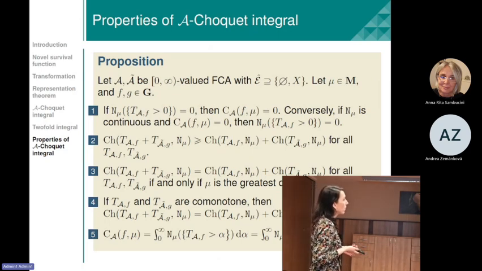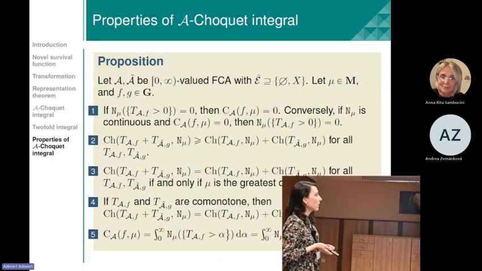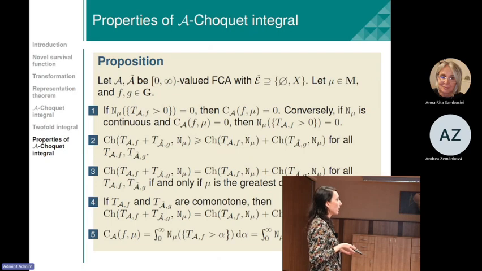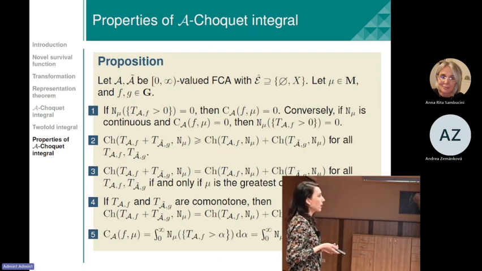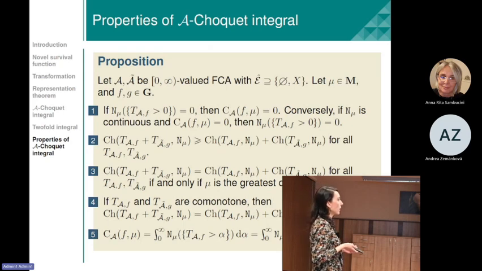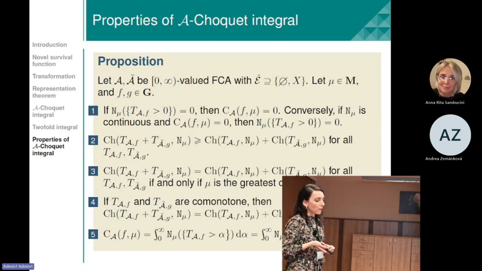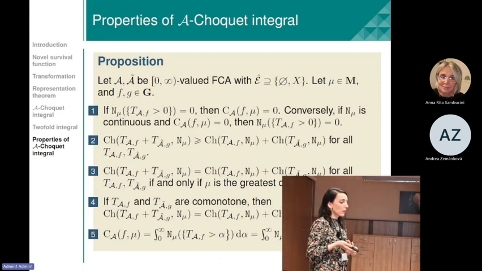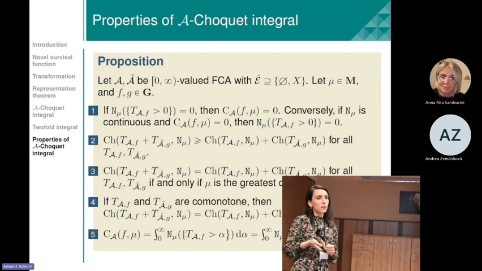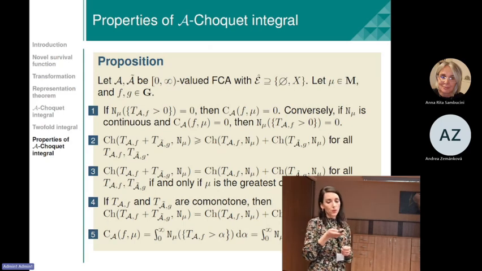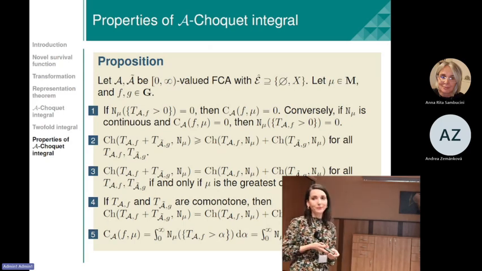The second one follows from the supermodularity of NME. The third follows from the fact that NME is additive if and only if mu is the greatest capacity, and so on. So we expect that our approach will yield some interesting results in the future. Thank you.